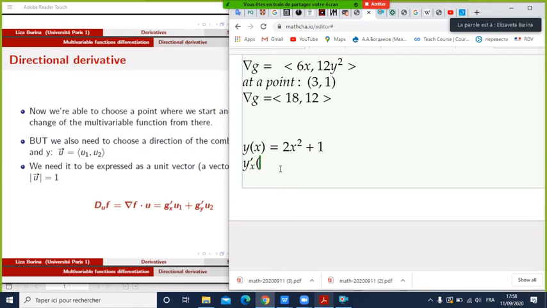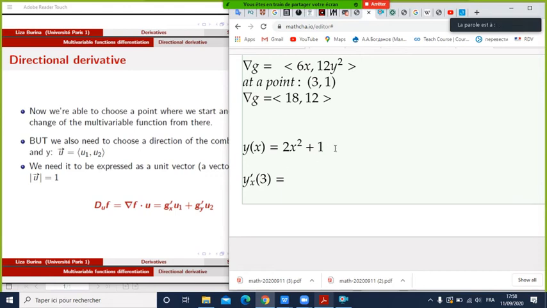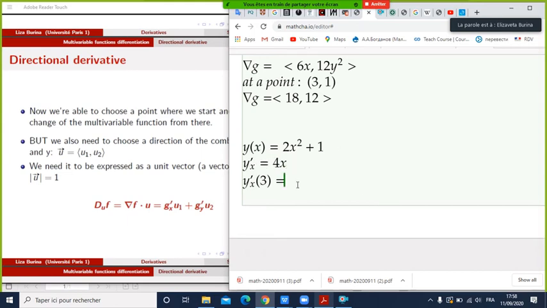I want to know how fast my y will increase given I start at the point 3, right? So I have the derivative y prime of x equal to 4x, and now at the point 3 it will be 12. Okay, perfect. This is just the one variable case.